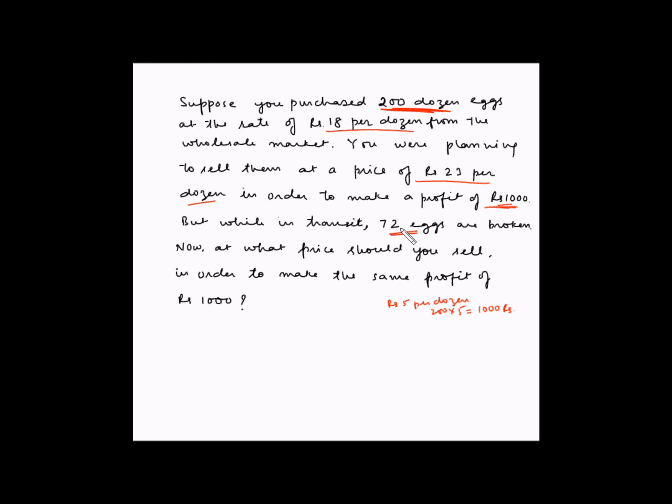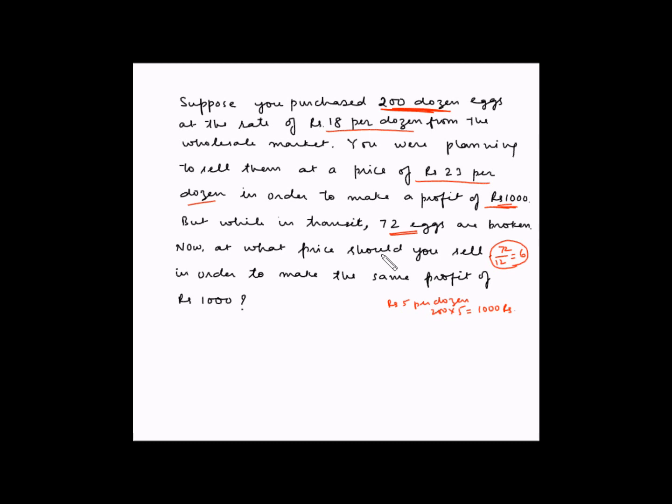Now please note that this is in terms of number of eggs, while the original quantity is in terms of dozen. So 72 eggs are broken. So 72, if you want to express in terms of dozen, you divide 72 by 12, which will be equal to 6. So 6 dozen get broken on the way back.